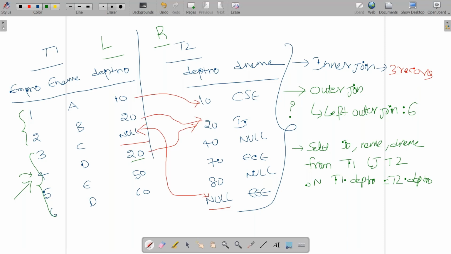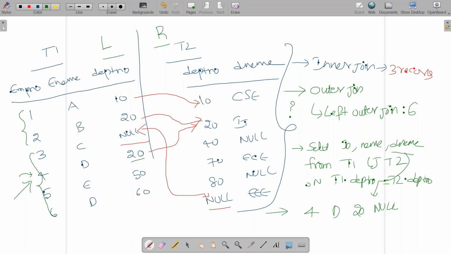So let's say if you display the final state, one record, what is the record? 4D20 is the department name. So if you are displaying the department name, what is the value it is going to come? Is it going to come like a null? Why? Because there is no respective value for the 20th department in the right table.